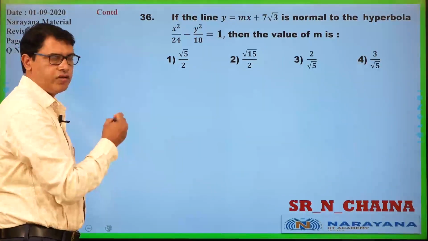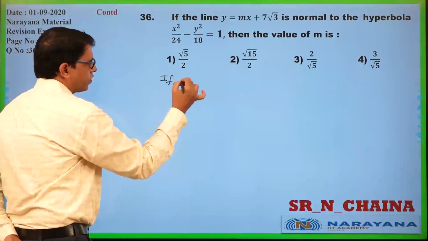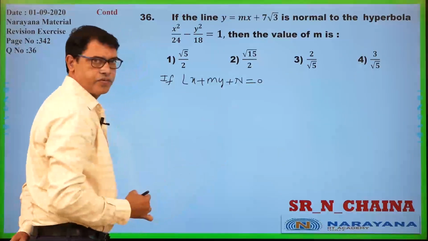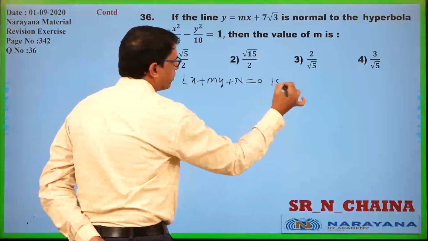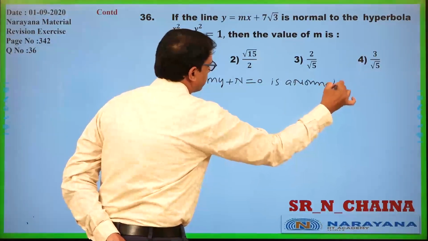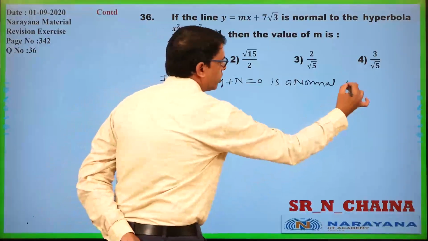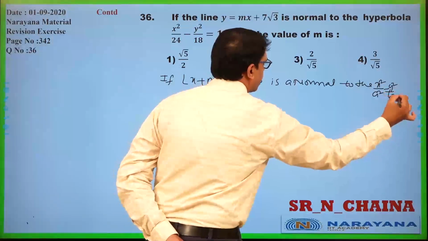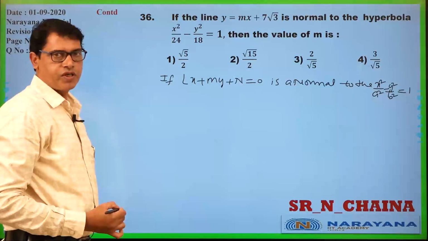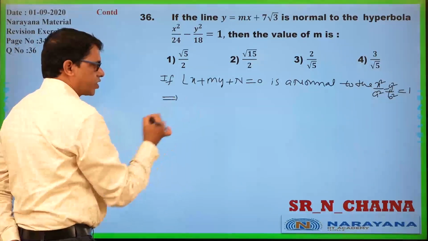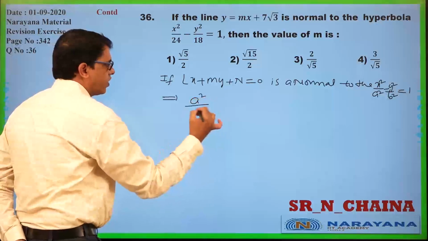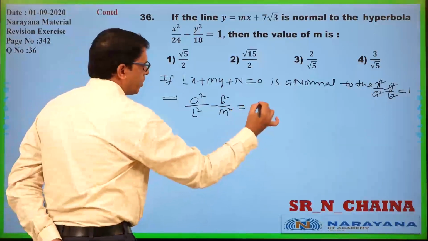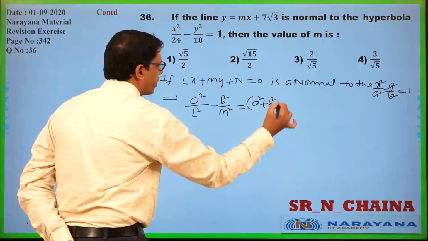See, here I write the formula. If Lx plus my plus n equals 0 is a normal to the hyperbola x square by a square minus y square by b square equals 1, then we have the condition a square by L square minus b square by m square equals a square plus b square whole square by n square.